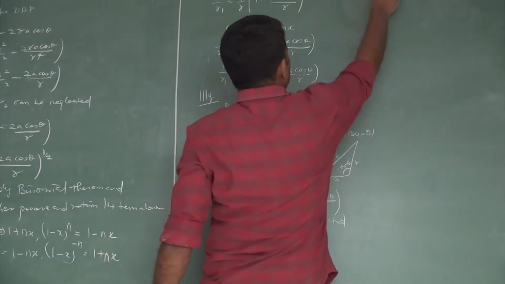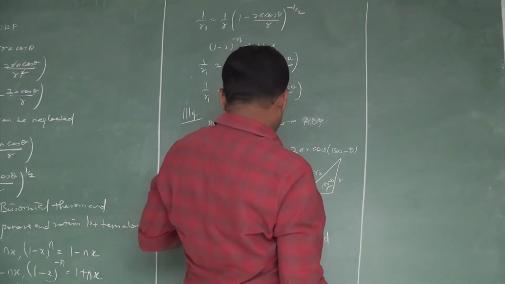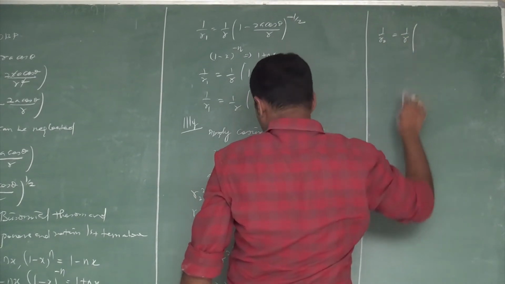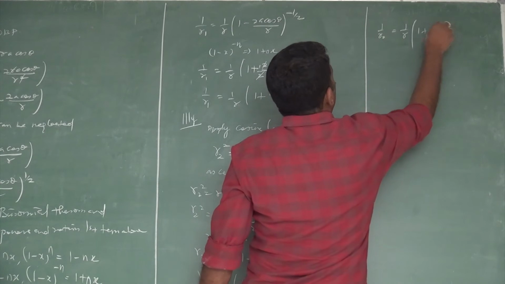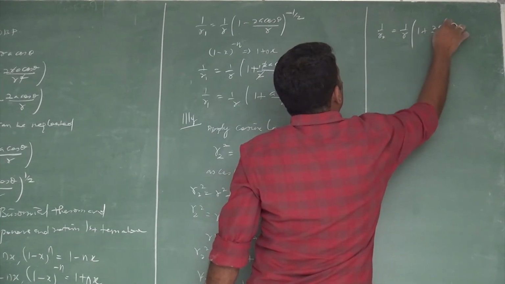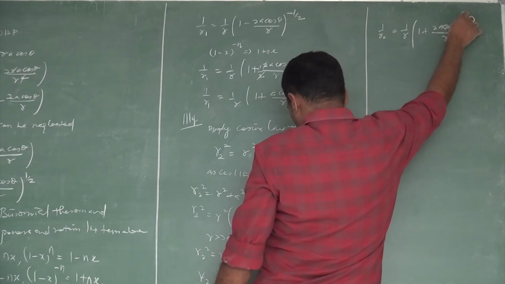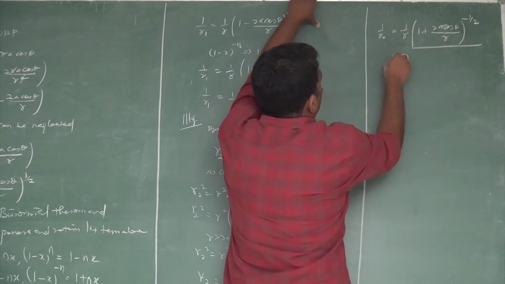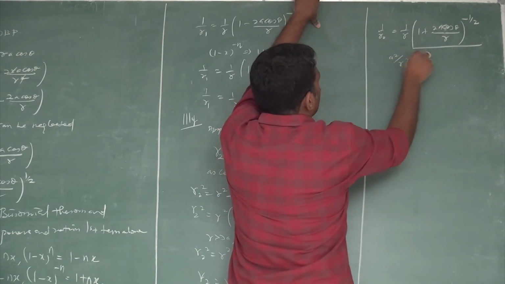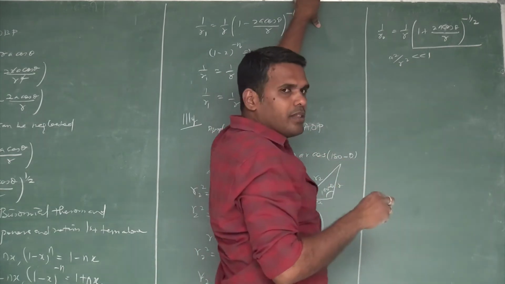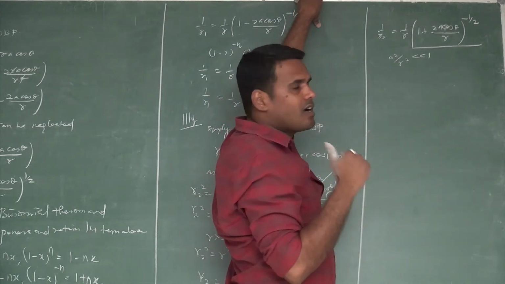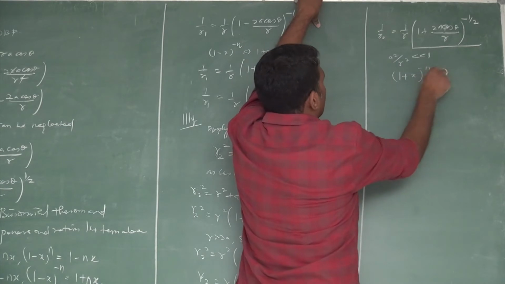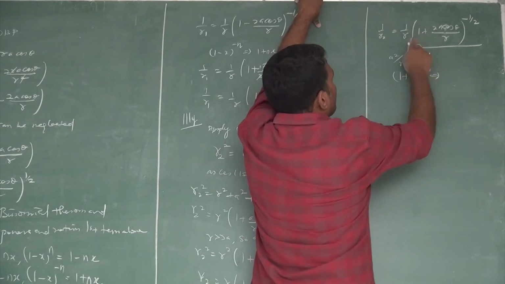Now we can take the reciprocal of r2. What we need is 1 by r2. So 1 by r2 equals 1 by r into 1 plus 2a cos theta divided by r the whole power minus 1 by 2. And here, as we mentioned the condition earlier, as a square by r square is much less than 1, we can apply the binomial theorem, neglect the higher powers and retain the first order, so that 1 plus x the whole power minus n is of this form, and the given expression is of this form.